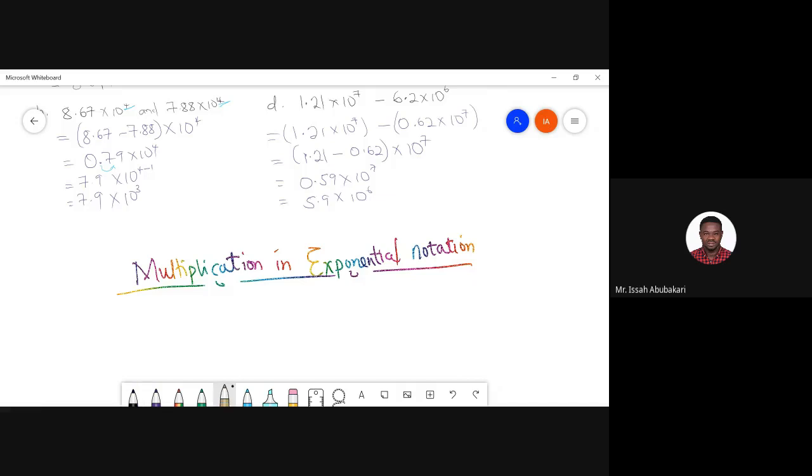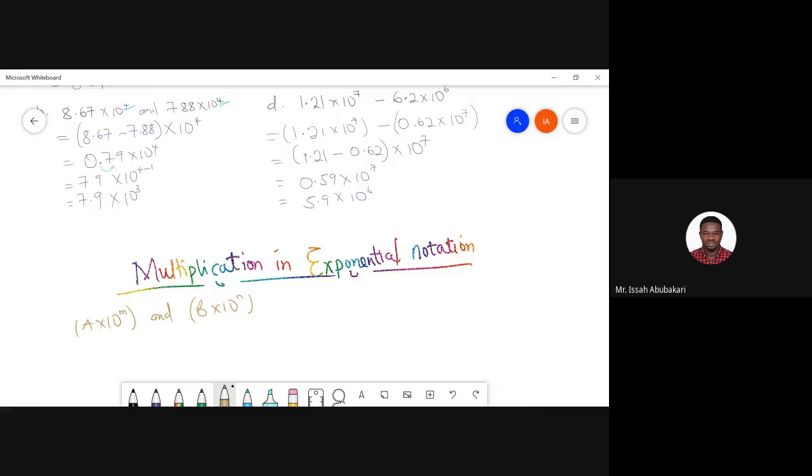If you have two different exponential notations, let's say we have a multiplied by 10 power m, okay? And then the whole of this is multiplied by, let's say, another one, which is b multiplied by 10 power n, okay? And you are asked to find the product of this.